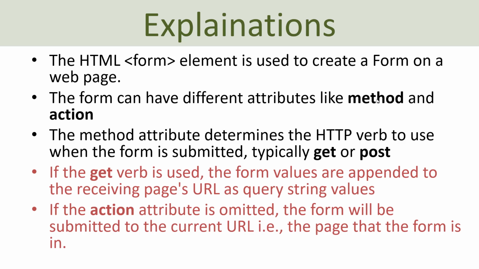In the first example we set the method equal to post, and then we needed to use Request.Form, and in the latest example we set method equal to get, and then we needed to use Request.Query. And if the get verb is used, then the form values are appended to the receiving web page URL as query string values, as we saw on top in our web browser.